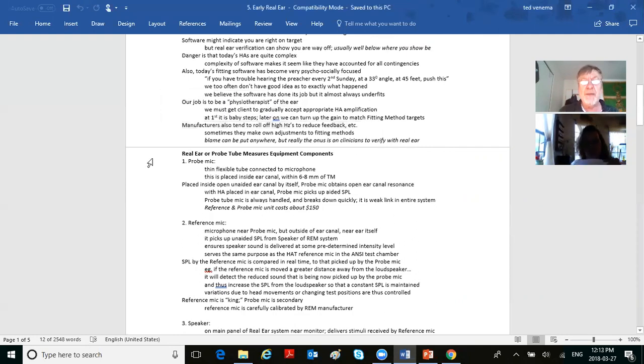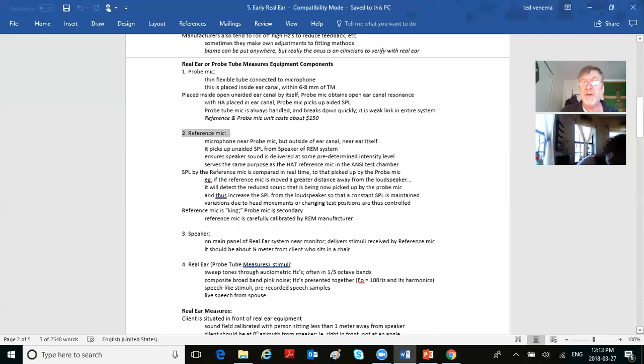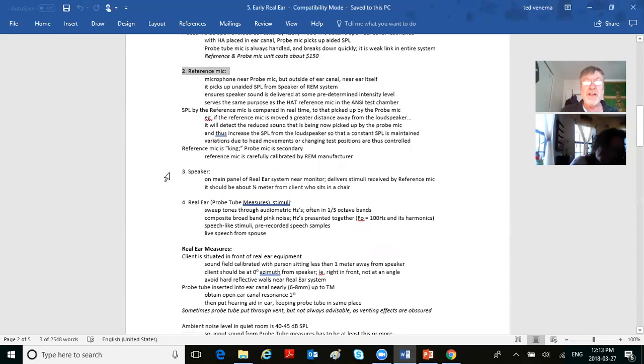So again, here's your pieces and parts. Probe mic, reference mic, those are the pieces that we covered already. And then your speaker that emits the sound, how far the client should be sitting from the speaker, your real ear probe tube stimuli, okay, usually sweep tones or composite broadband pink noise, and many times today it's speech-like stimuli.